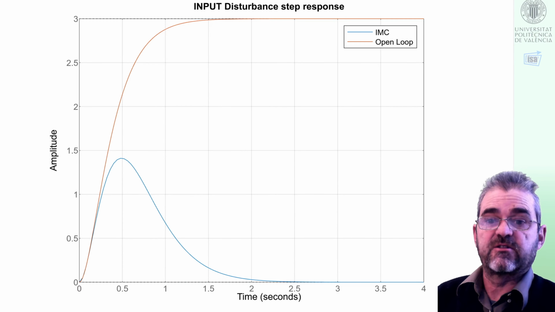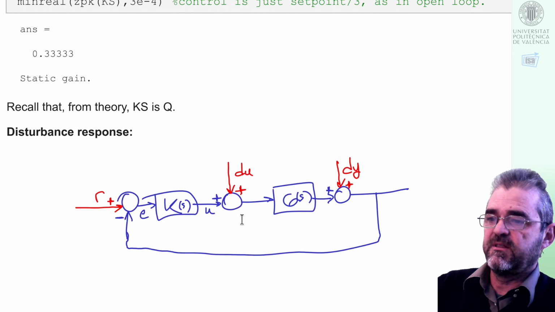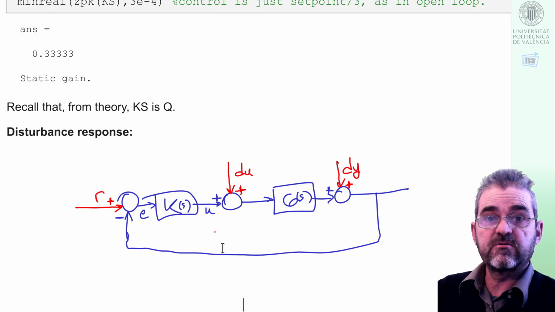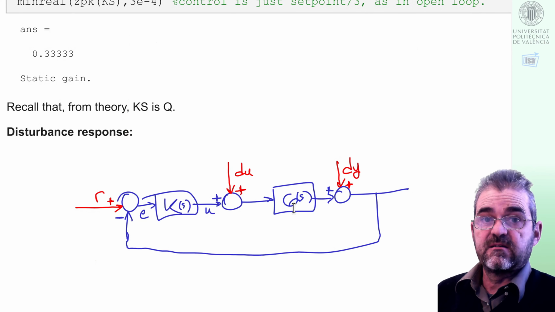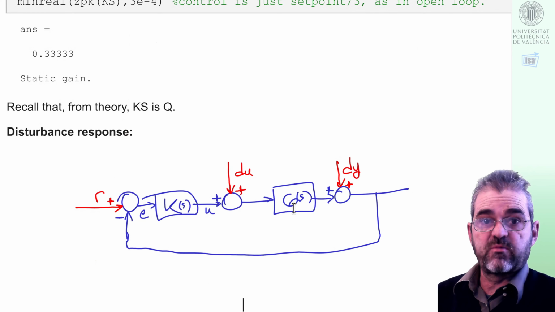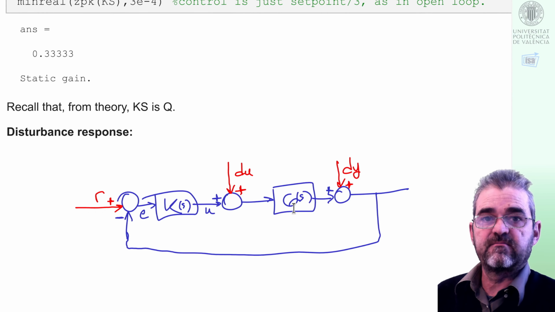So this is it. Let us conclude. In this video, we have designed a controller in which the open loop poles are fast, so I don't wish to accelerate the process. In that case, IMC design is straightforward. The Q parameter is the inverse of the gain. Finished.